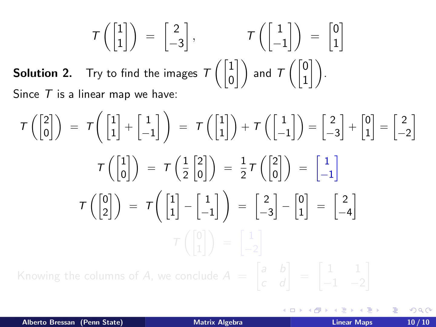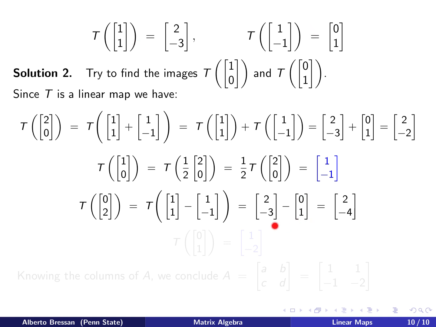To find the image of the second unit vector, we notice that if I take this vector and subtract this vector, I'll get (0, 2). So T of (0, 2) will be T of this minus that. Then I can use the linear property and take the transform of each. The transform of the first is (2, -3), the transform of the second is (0, 1), which we have.